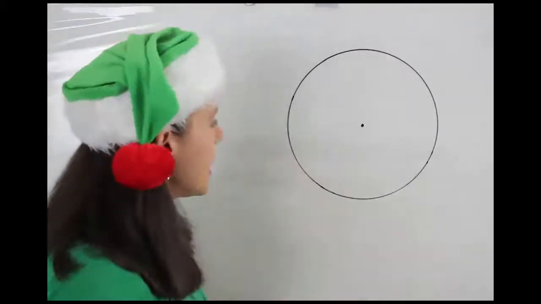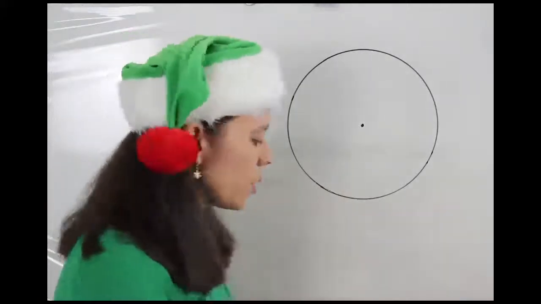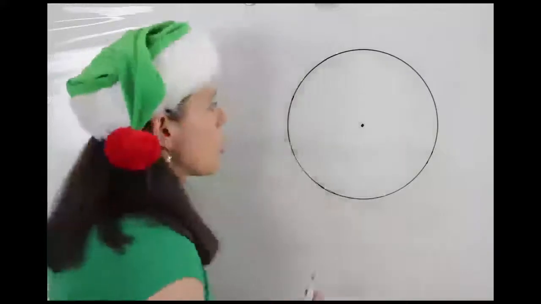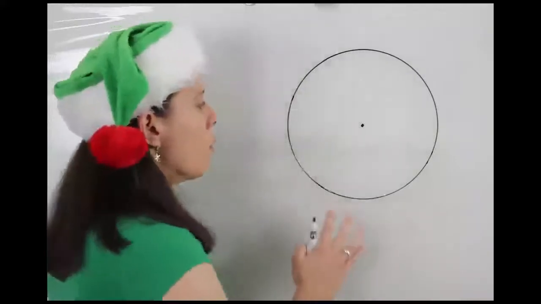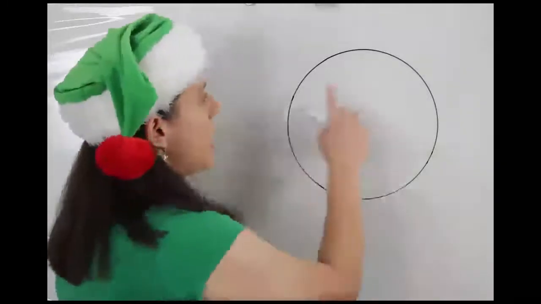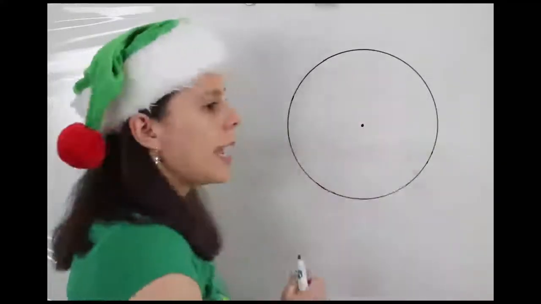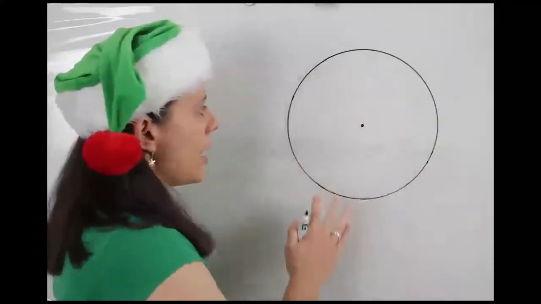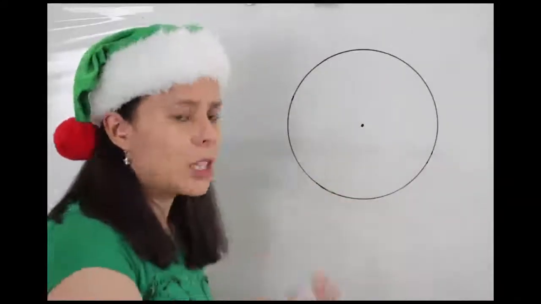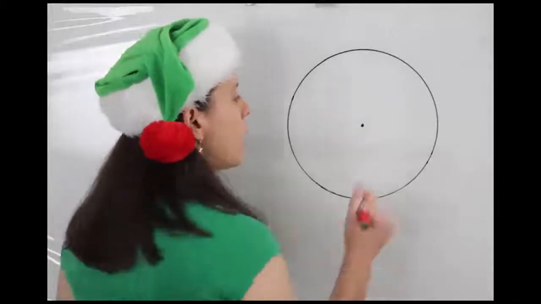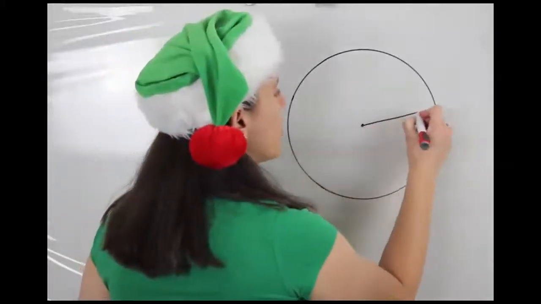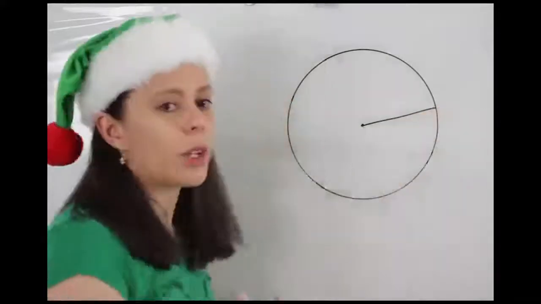So in this example, first I'm going to show you what the radius is, okay? Every time you are given a circle, more often than not, if not always, you will be given the center of the circle. This is what you're going to use as your point of reference for pretty much anything you do within the circle, okay? So the radius is always going to go from the center to that edge of the circle that we call the circumference.